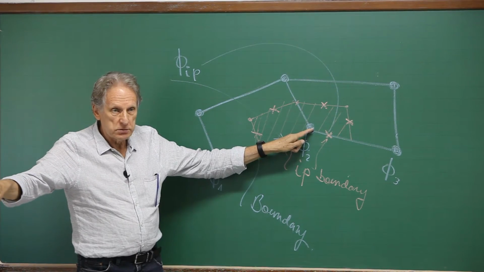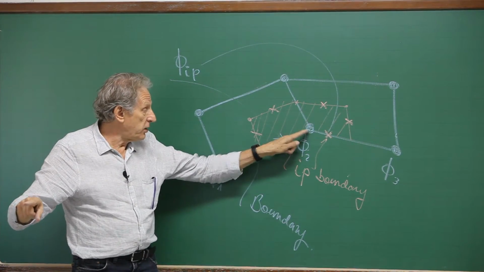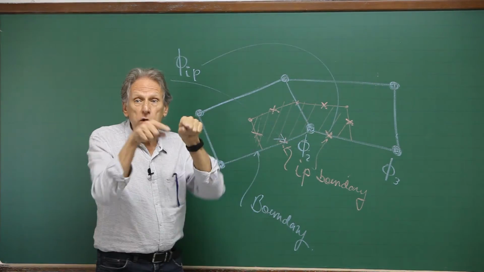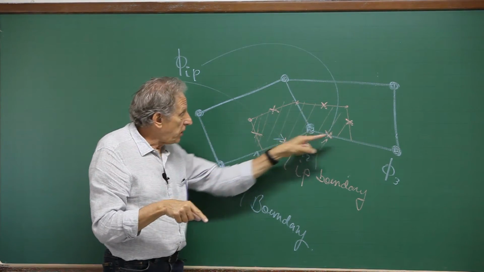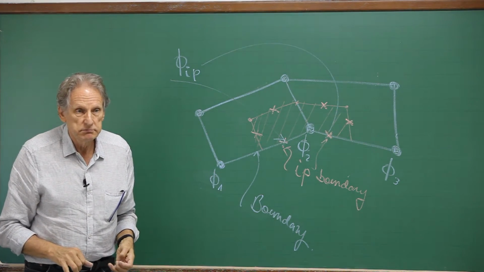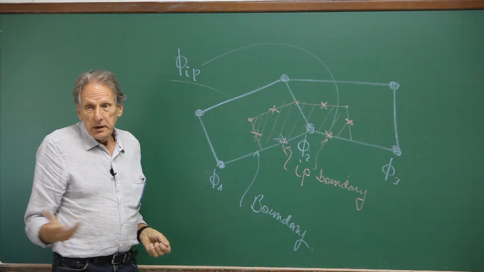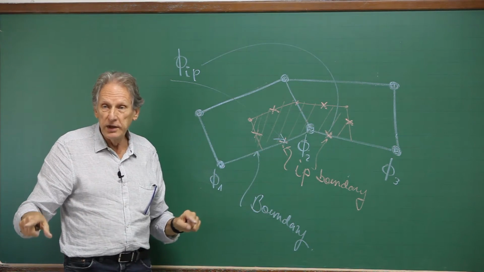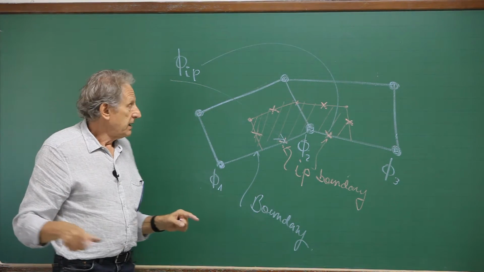It will be my unknown. I'm saying I don't know this value, but I know this one, and I know this one. I'm going to do a balance on this control volume, and I will put this equation also in the equation system. And then you will find a value for phi 2. It will be in your linear system.